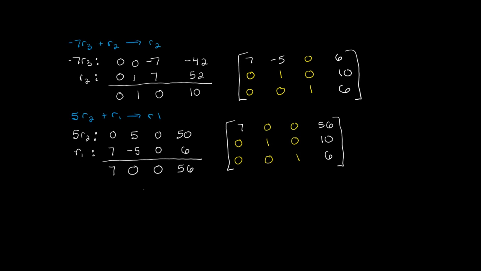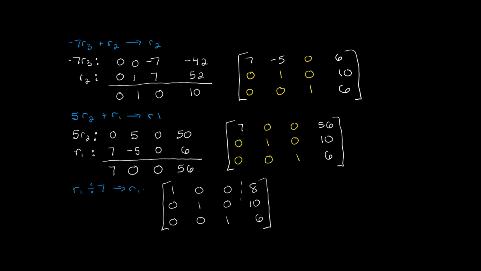So our last step is just to take the first row and divide it by 7. And then that will get us our 1. So we want row 1 divided by 7, and then that result's going to stay in row 1. So that will give us 1, 0, 0, 8, 0, 1, 0, 10, 0, 0, 1, 6.